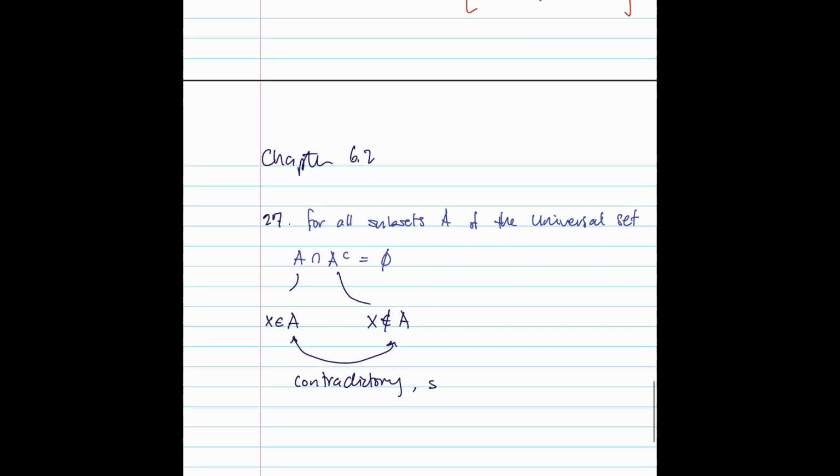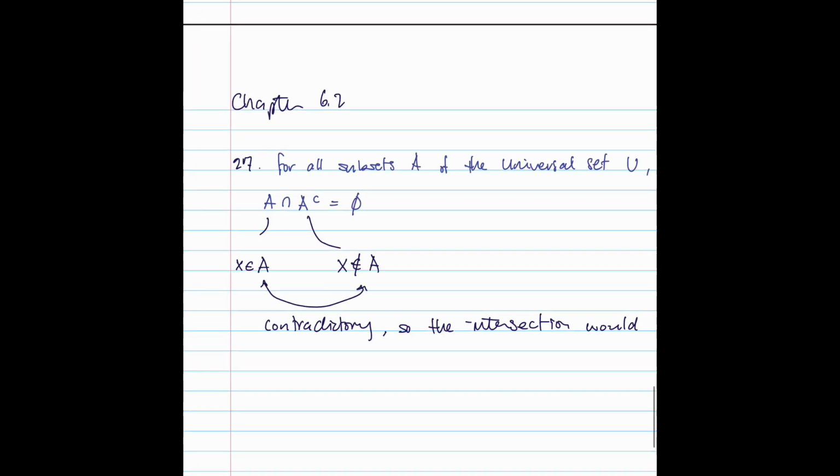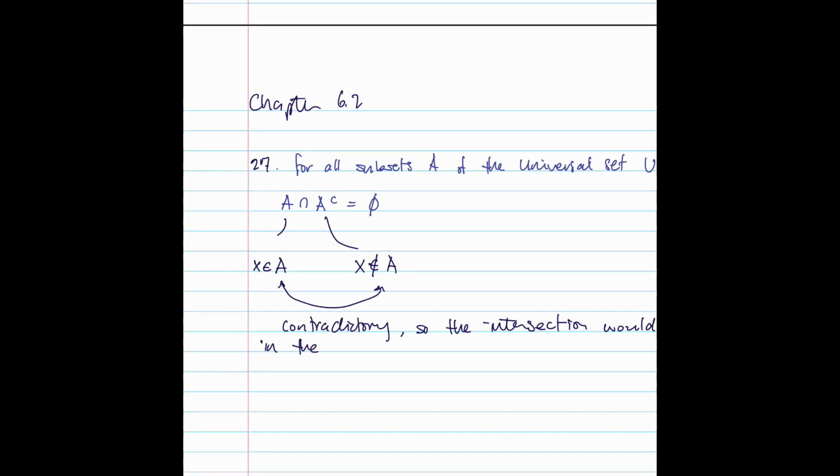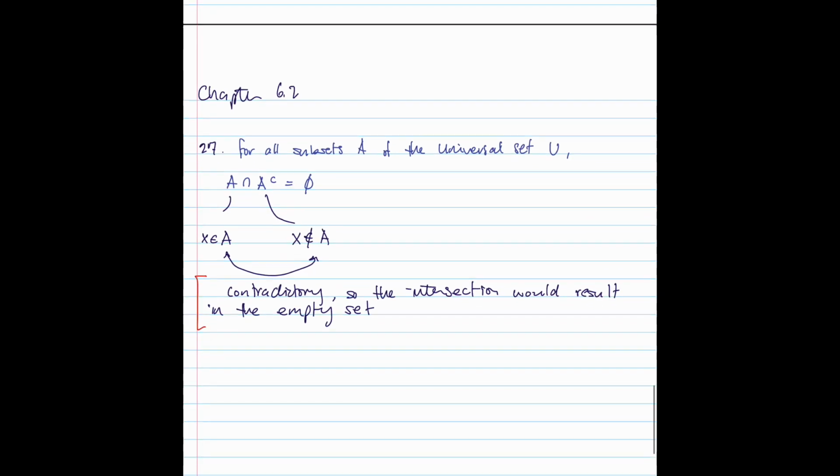So the intersection would result in the empty set. It's clearly going against each other. A intersection with A complement is saying that x is an element of A, and then x is also not an element of A. Doesn't make sense, so it comes out to the empty set.